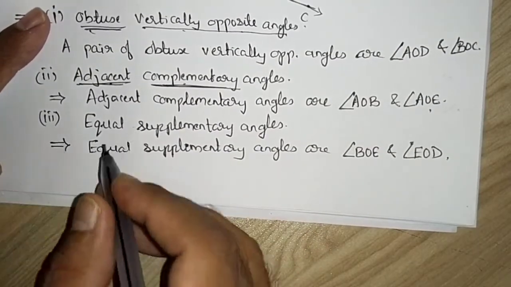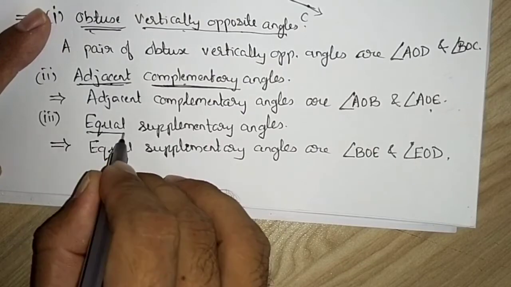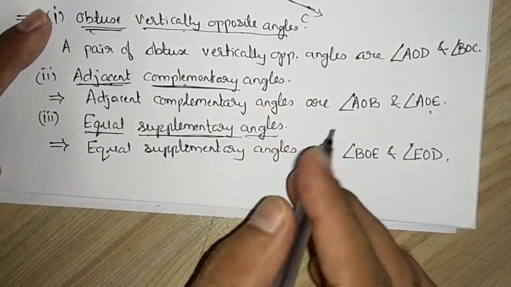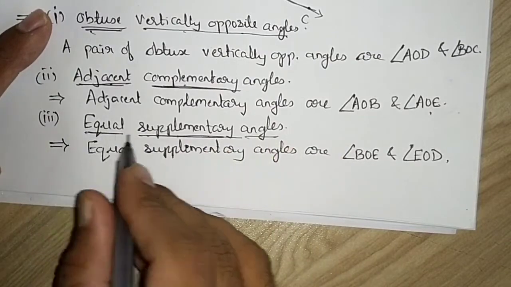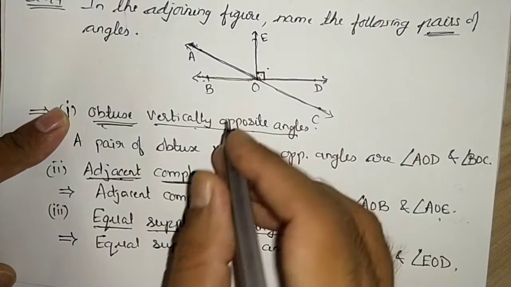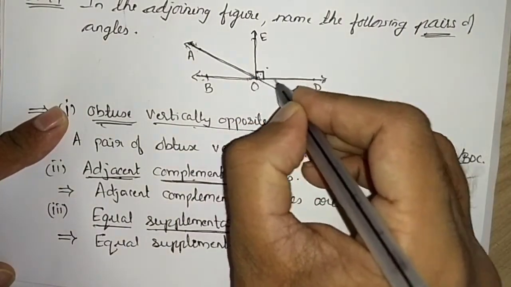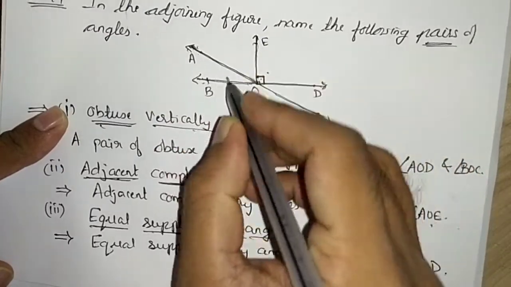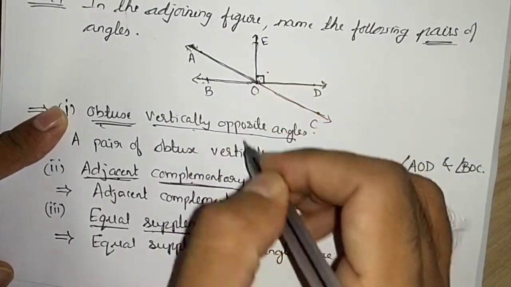Moving to third part, they must be equal and also supplementary angles. That means they must be forming on a line and also be equal. If I take this, it is 90 degree EOD, and if I take this whole angle BOE, it is also 90 degree.